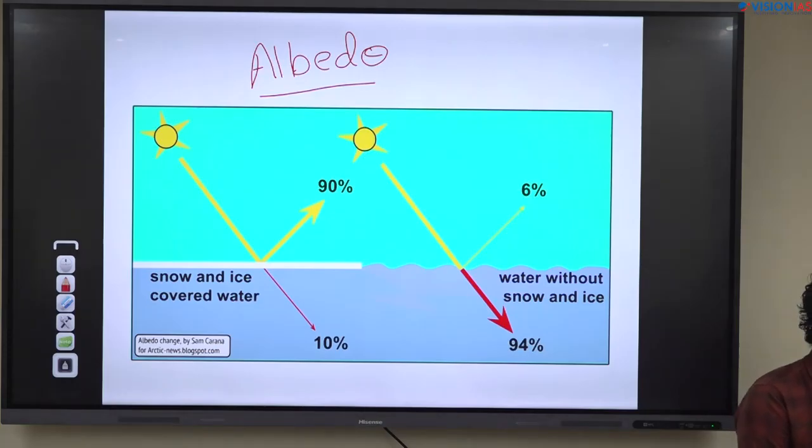Best albedo is of snow, because it can reflect more than 90% of the radiation.